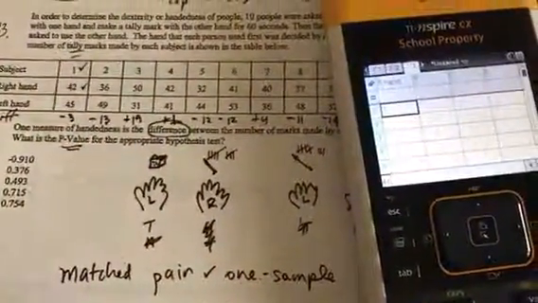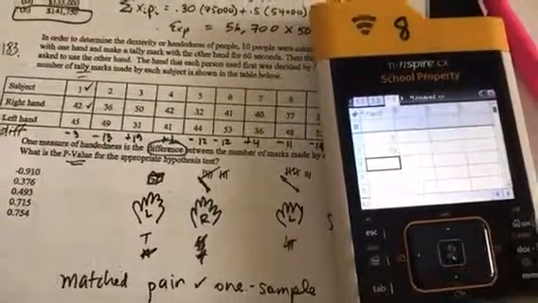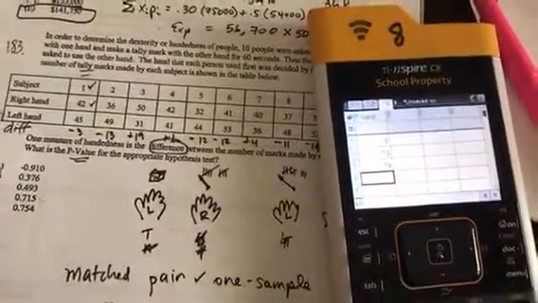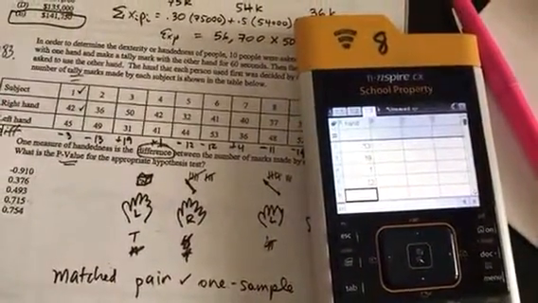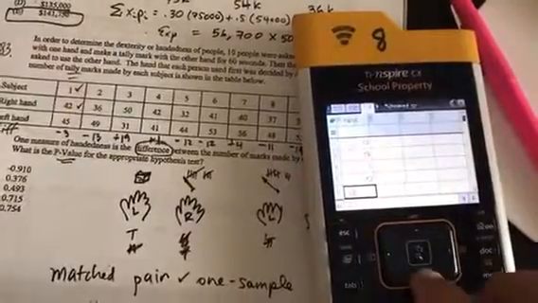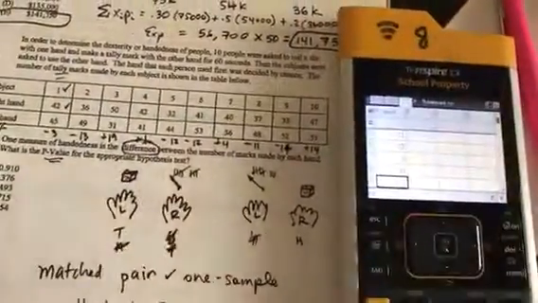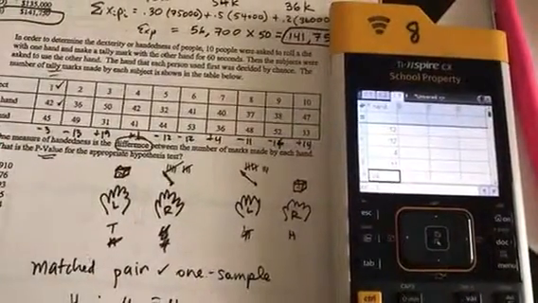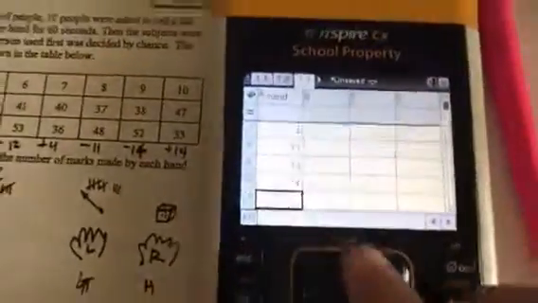So on my table, I called this hand, and I'm just gonna put -3, -13, +19, 1, -12, -12, +4, -11, -14, +14.